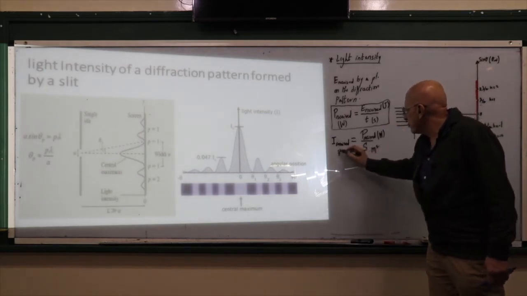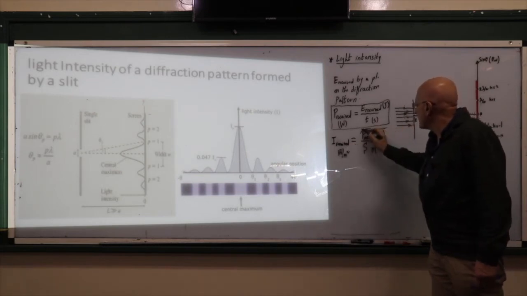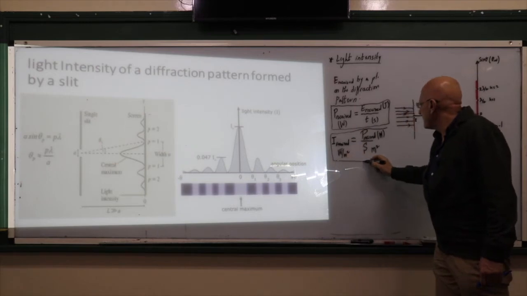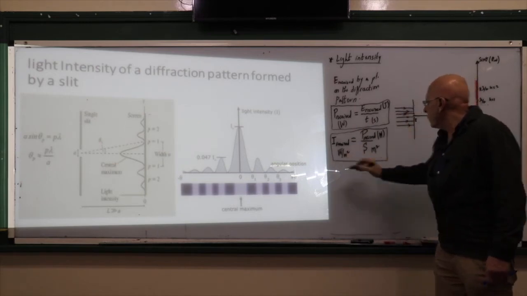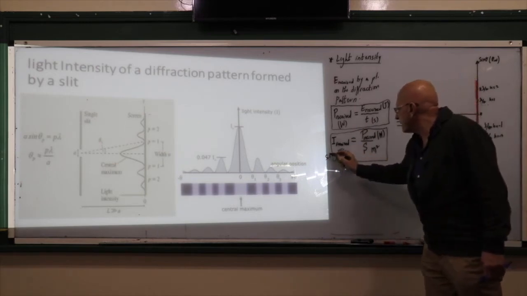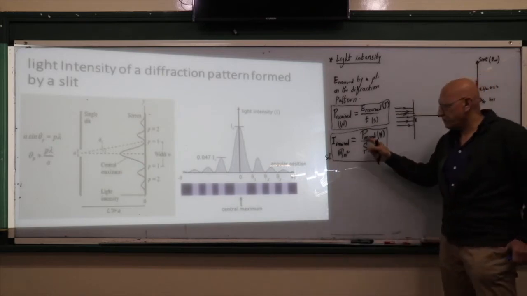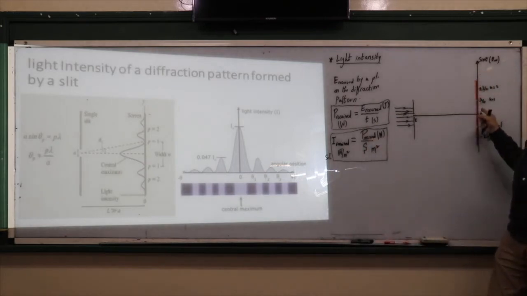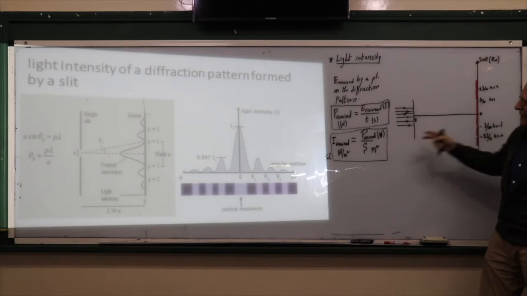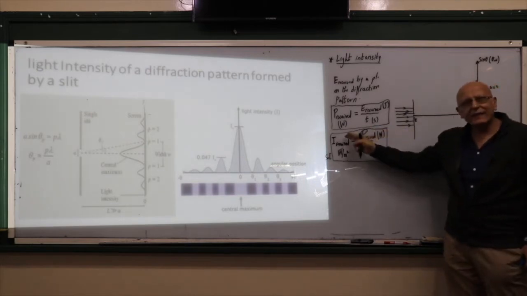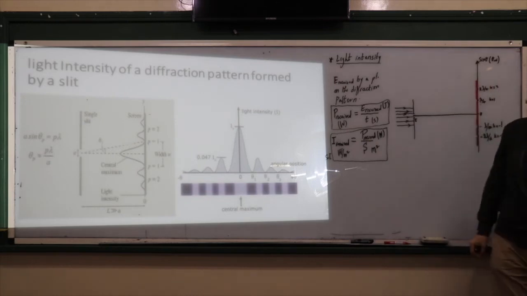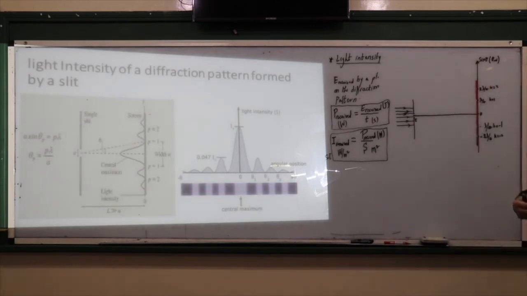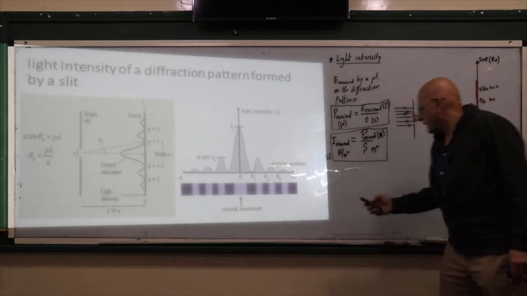So the intensity is watt per meter square in the SI system. So as you see, if the power received at a point increases, the intensity increases, and the brightness of the fringes increases.